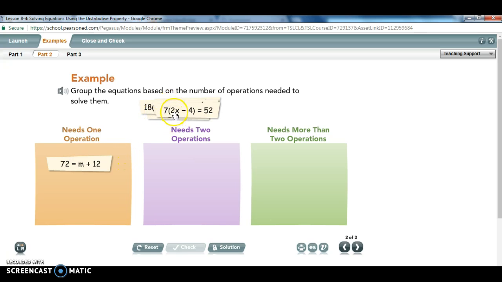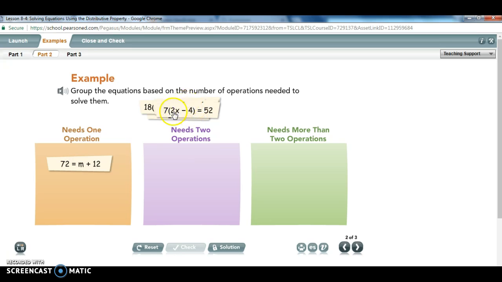Over here, when I look at this, I see multiple things going on. I see a setup to use the distributive property, so I would have to distribute 7 to 2x and distribute 7 to 4. I would then have to add, which is the inverse of subtraction, this value.